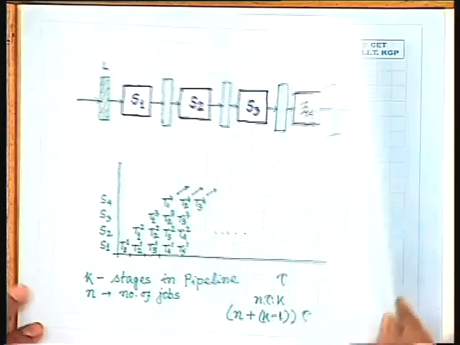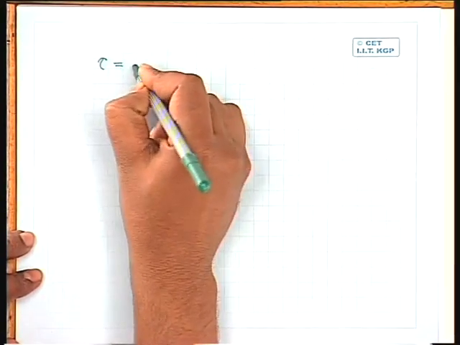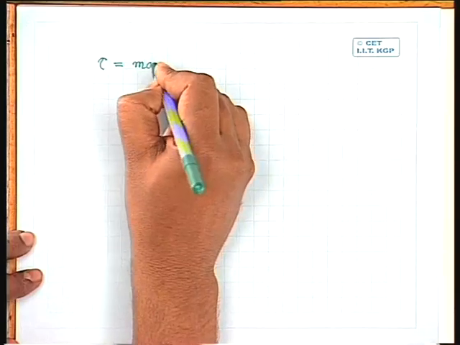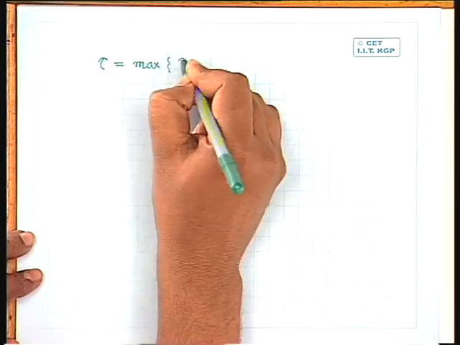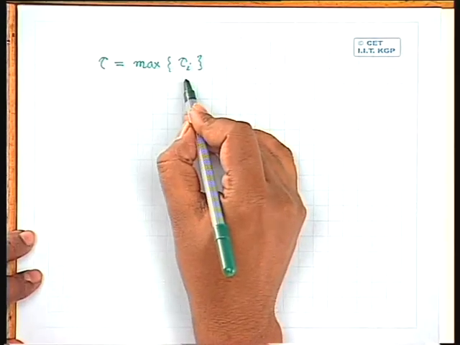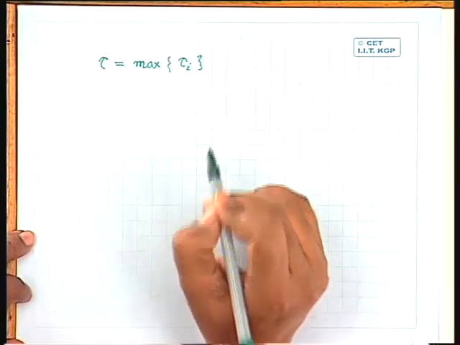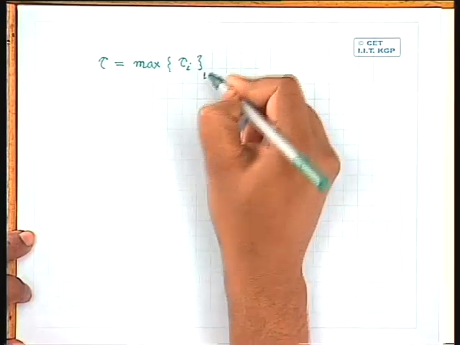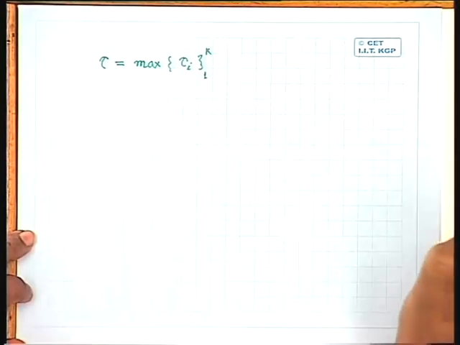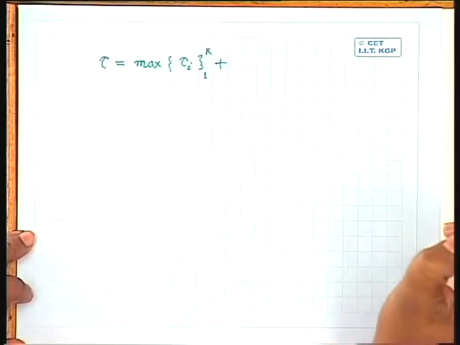So I can decide tau in that case like this: tau will be the same as the maximum of tau i, where tau i is the time taken for execution of the ith pipeline stage, where i will vary from 1 to k because we have k number of stages, plus I have to incorporate an additional time because now I have put latches in between.